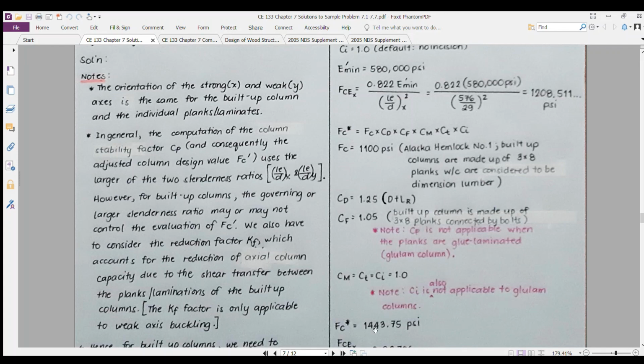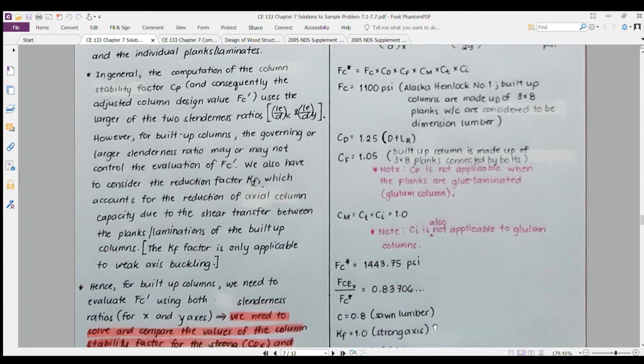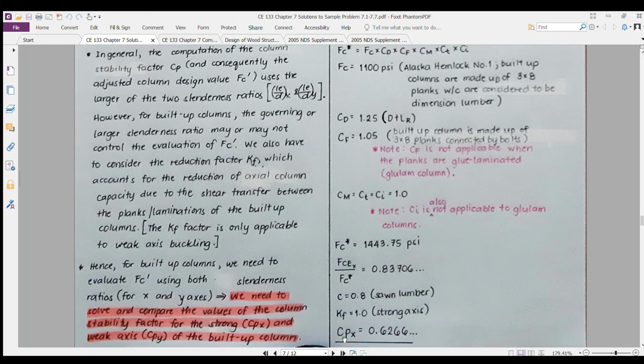Okay, so adjusting the value for the maximum allowable compressive stress, we have FC asterisk equals to 1,443.75 psi. So dividing the value for F sub C E x and F sub C asterisk, we have a value of 0.83706, and for the value of C we have 0.8. So we need to determine the column stability factor C sub P. Okay, so C sub Px is equal to 0.6266.